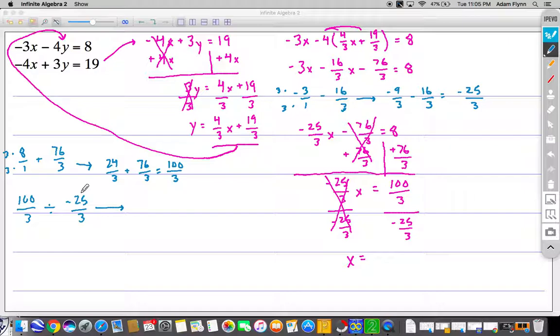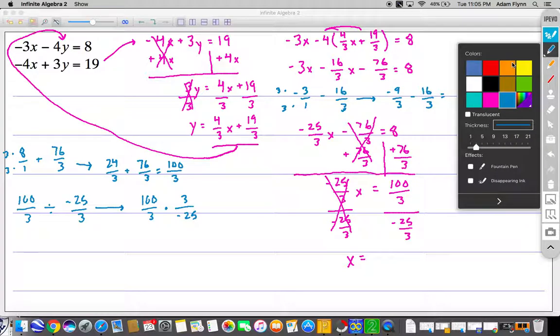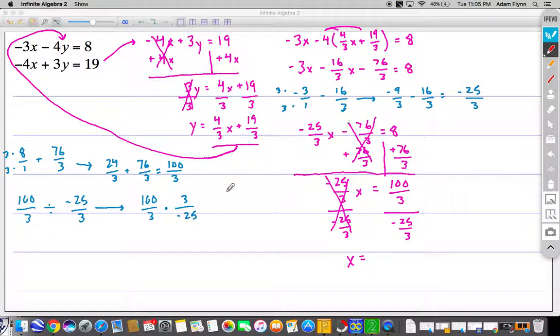Okay, so this negative 25 over 3 is splitting up this 100 over 3, so I will flip that and change my sign to multiplication. So I get 100 over 3 times 3 over negative 25. So if I can simplify some of these, I've got 3 and 3, so that'll become 1 and 1.